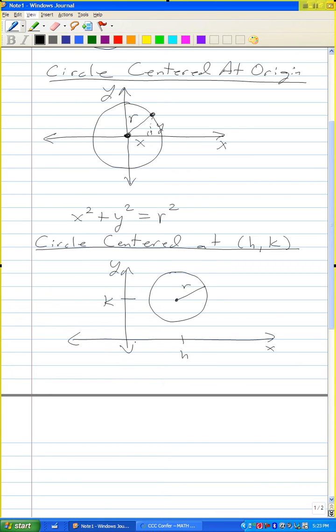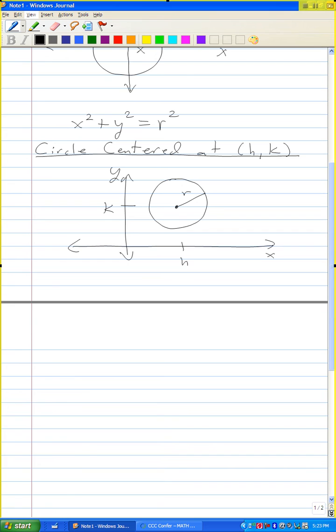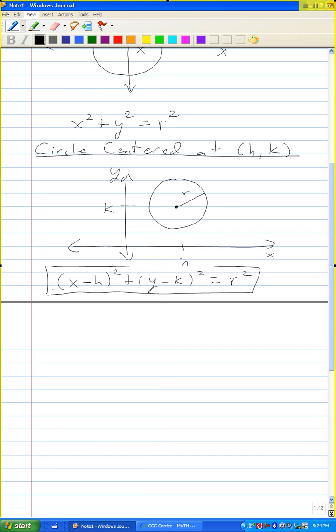Then we'll just translate x and y, and so we get x minus h squared plus y minus k squared equals r squared. And so that is the equation of a circle centered at (h, k) of radius r. And this is the equation of a circle centered at the origin of radius r.